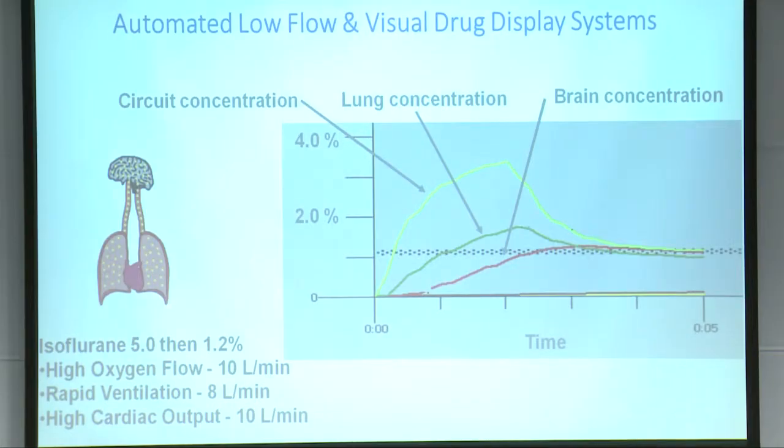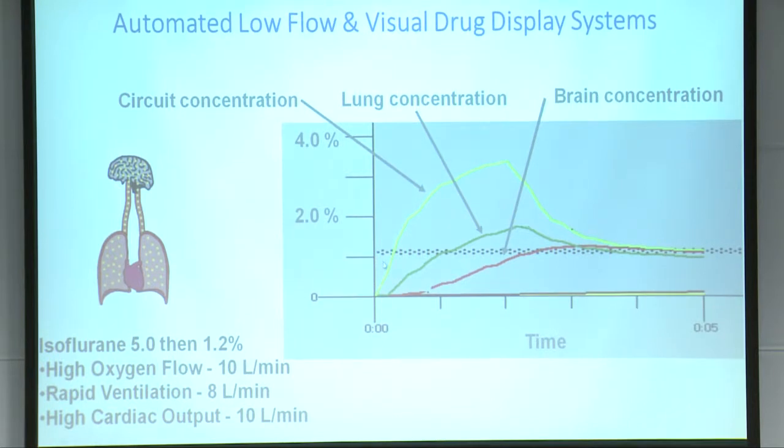And thanks to Jim Phillips, I did a simple simulation using GasMan. In this instance, we started with an isoflurane concentration of 5%, held it there for 2 minutes, and then went to 1.2% inspired concentration.